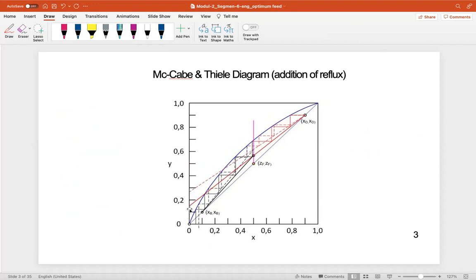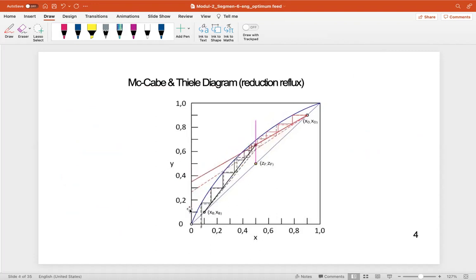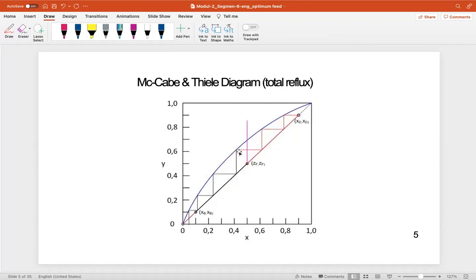That means it will lower your equilibrium stages, and if you reduce your reflux, you go that way, which is increasing the stages. We learned this before, so I'm just going to skip it.